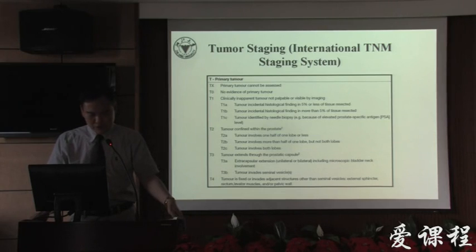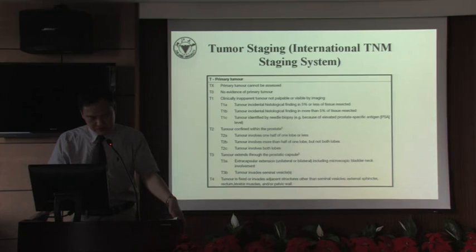And T2 means tumor confined within the prostate. T2a means tumor invades half of one lobe or less. T2b means tumor invades more than half of one lobe but not both lobes. T2c means tumor involves both lobes.